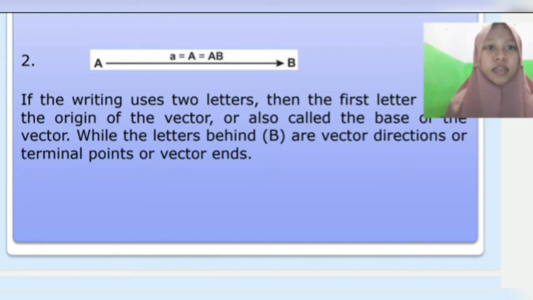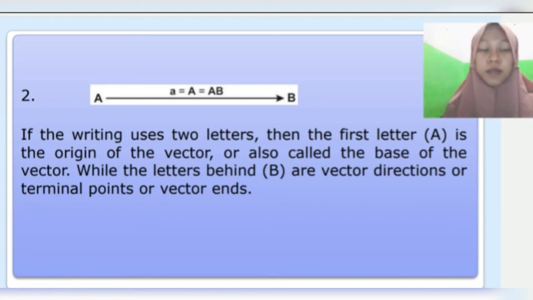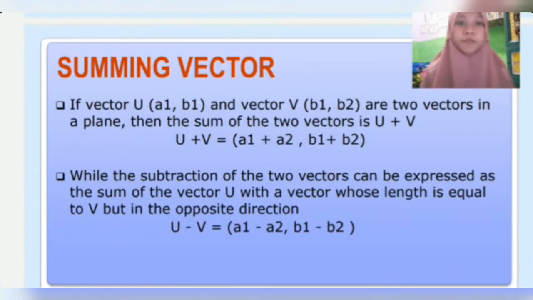If the writing uses two letters, then the first letter, capital A, is the origin of the vector, also called the base of the vector, while the letter behind it, capital B, is the vector direction, or terminal point, or vector end.